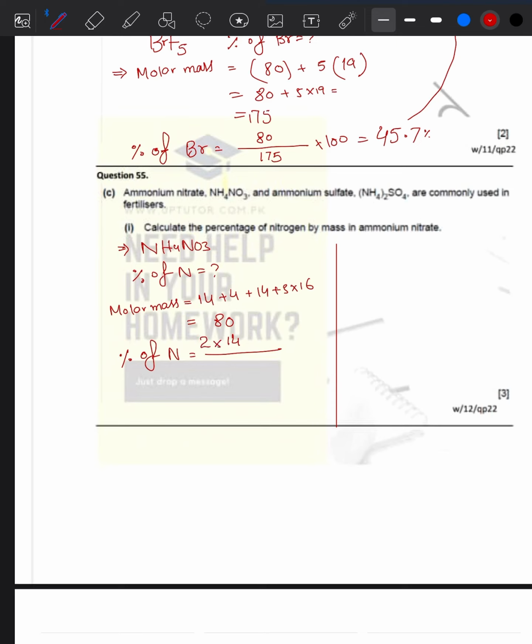We will multiply it with 2 because we have two nitrogen atoms in the compound. 2 into 14 over 80 into 100, so this will give us 28 divided by 80 multiplied by 100. So the percentage of nitrogen in this compound is 35%. Or in simple words, we can say that ammonium nitrate, a fertilizer, contains 35% nitrogen.